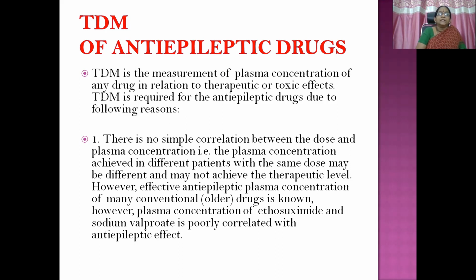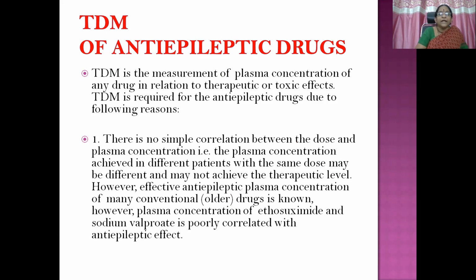Number one, there is no simple correlation between the dose and plasma concentration. That is, the plasma concentration achieved in different patients with the same dose may be variable. Suppose you give 100 milligrams of a particular molecule to two or three patients; the plasma concentration achieved may differ, giving rise to a difference in therapeutic effect.